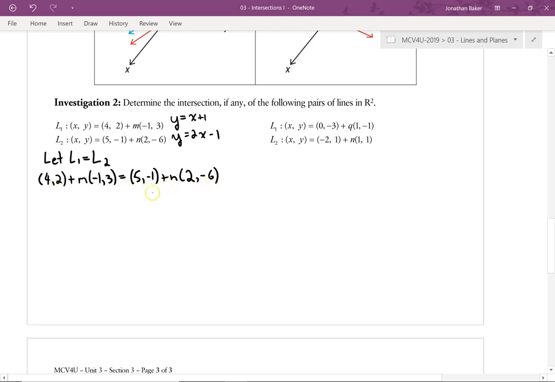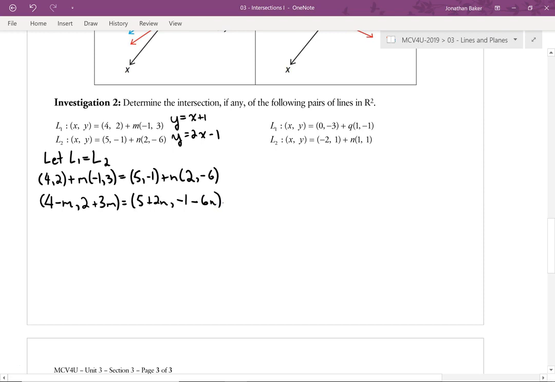We can actually create 2 equations. On the left side, this is really just going to be 4 minus m, 2 plus 3m is going to be equal to 5 plus 2n, and negative 1 minus 6n.